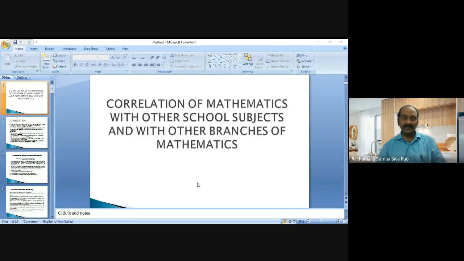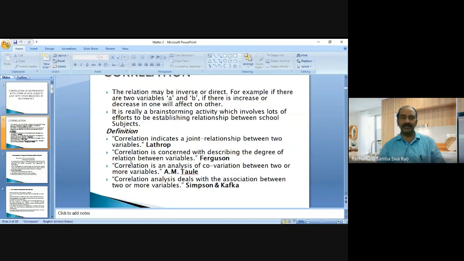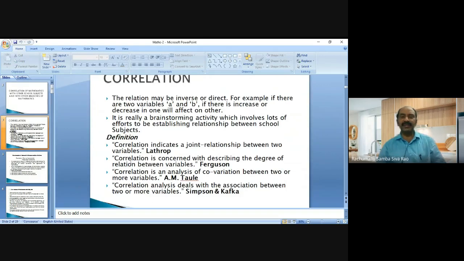Now let us see what is correlation. A relation may be inverse or direct. As mathematics students, we know very well the inverse relation and direct relation. For example, if there are two variables A and B, an increase or decrease in one will affect the other.